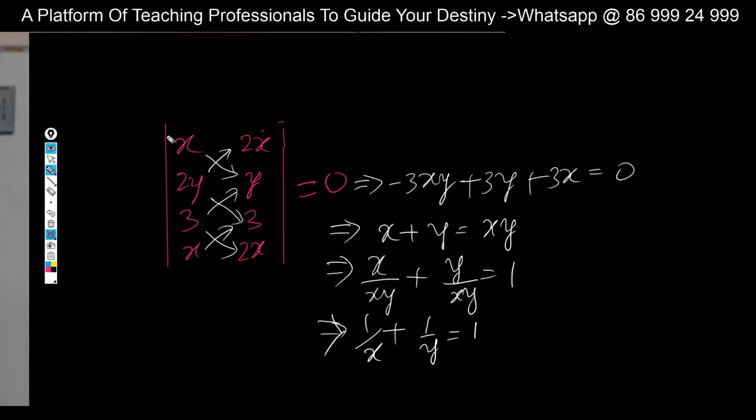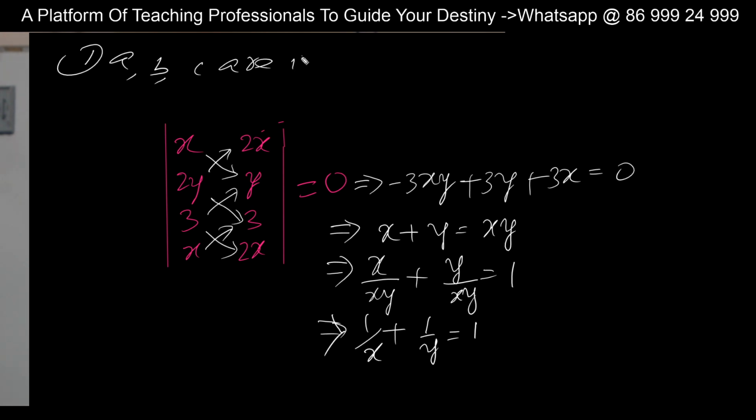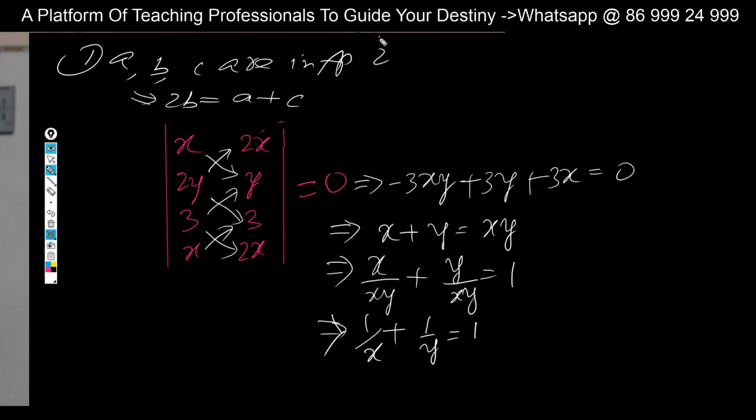Now I have to remind you of the progressions, 3 conditions. Number one, A, B, C are in AP implies 2B is equal to A plus C. I hope everyone knows that. You have got it in your lower classes itself.